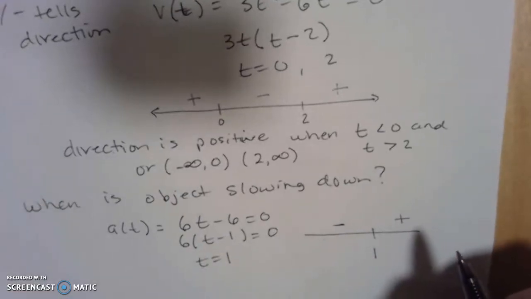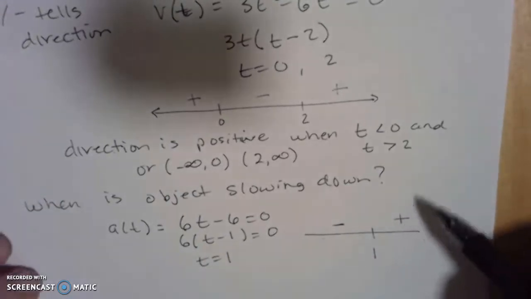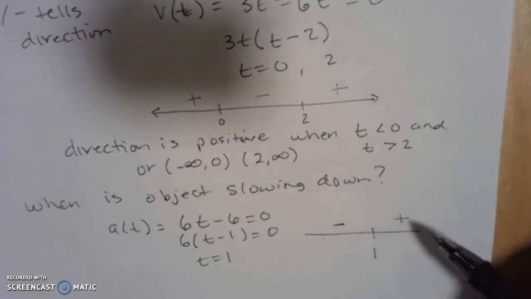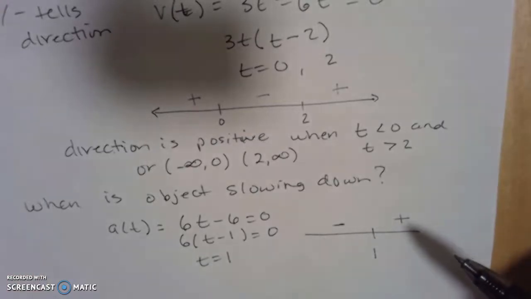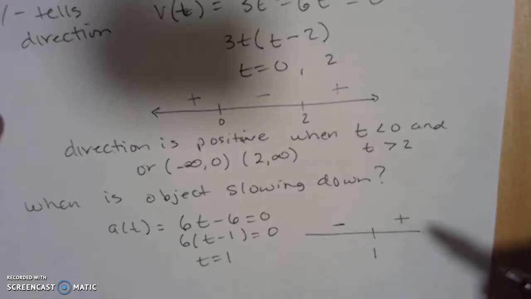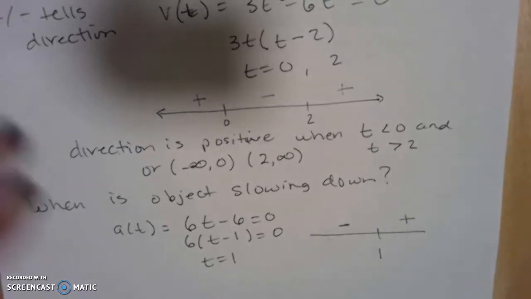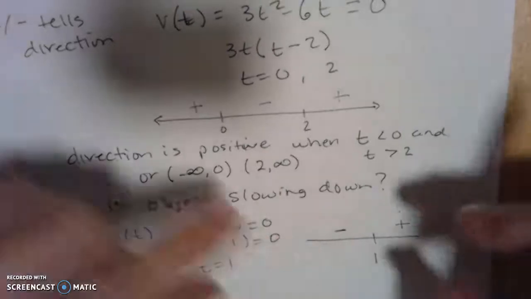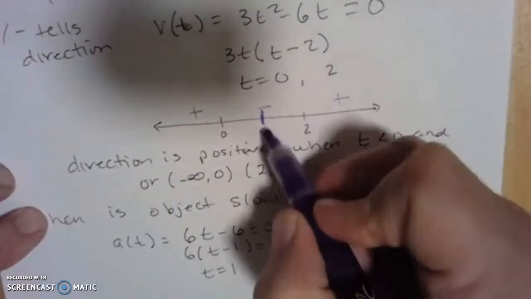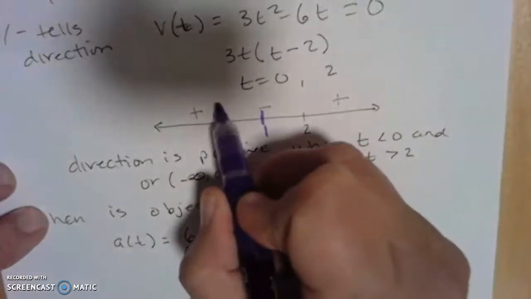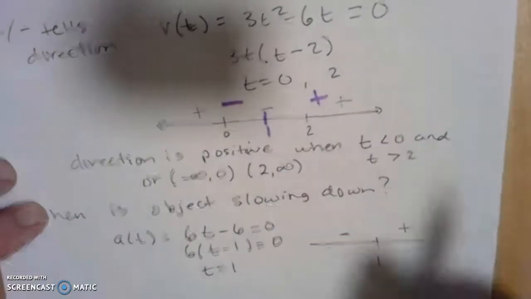So this is telling me about acceleration, but I want to actually look at when both charts have the same sign. So I'm going to take this chart and overlay it on top of this one. So right here it's a 1, and I have negative over here and positive over here.